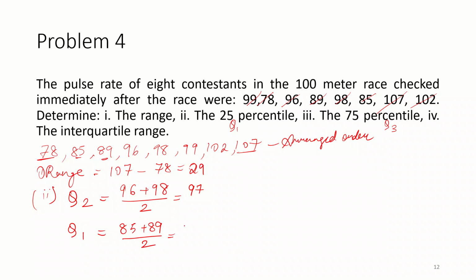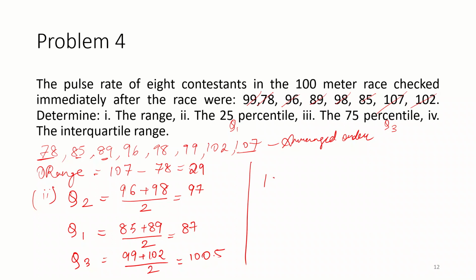This will be 87. Okay, so Q1 is 87. For Q3 we will add 99 and 102 and divide by 2. This will be 100.5.